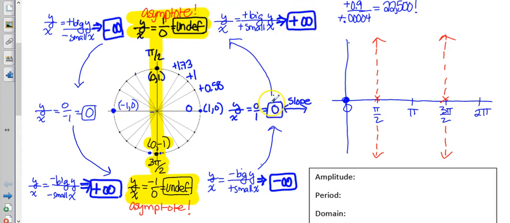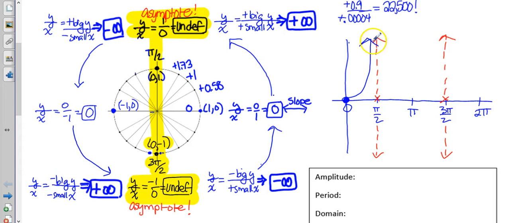As we leave 0 and head towards pi over 2, tangent is approaching positive infinity. We represent that as follows. The graph of tangent is approaching positive infinity. So as x approaches pi over 2, tangent heads positive forever and ever, but will never cross pi over 2.